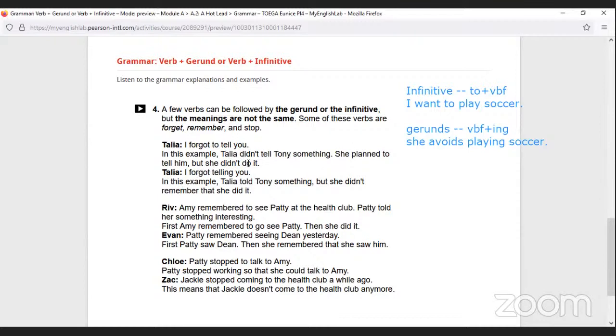Lo planeó, pero no lo hizo. But if I use with gerund, she didn't remember that she did. No recuerda que ya se lo dijo. Acá lo planeó, pero no lo hizo. Acá se lo dijo, pero no recuerda que se lo dijo. Okay, so that is the difference.